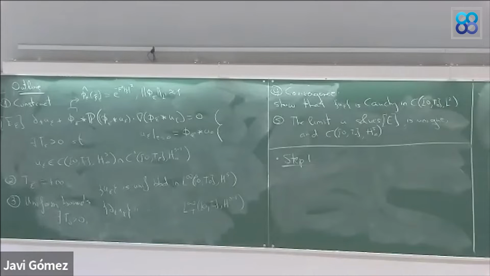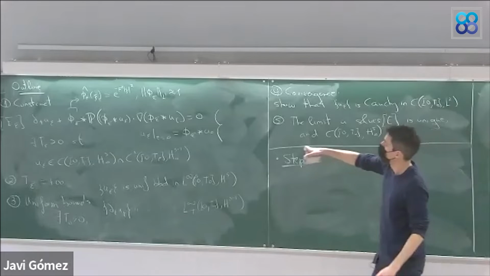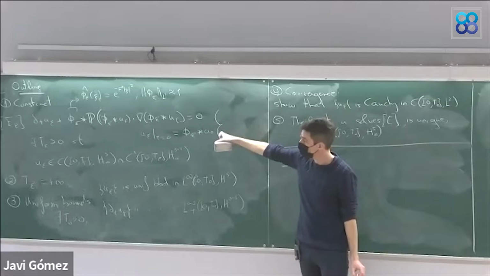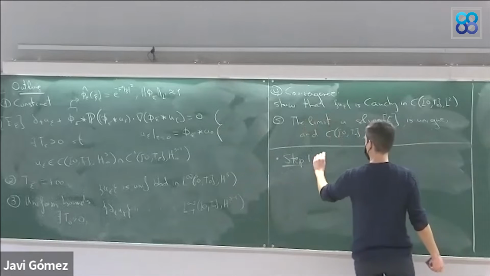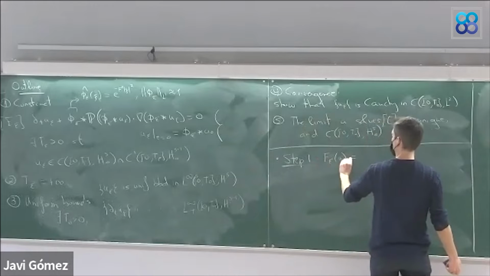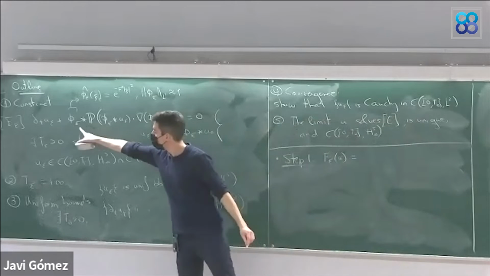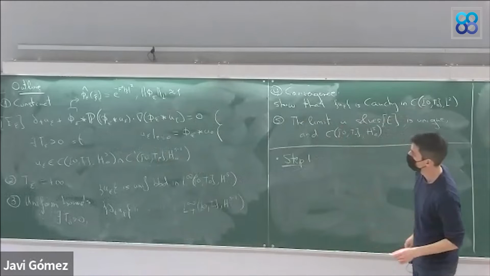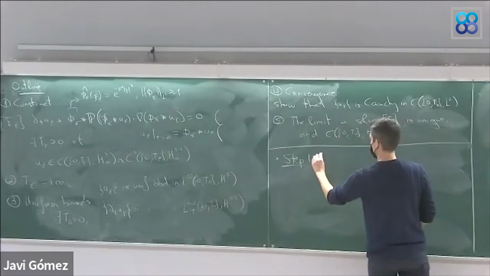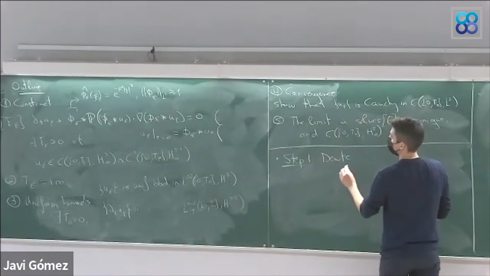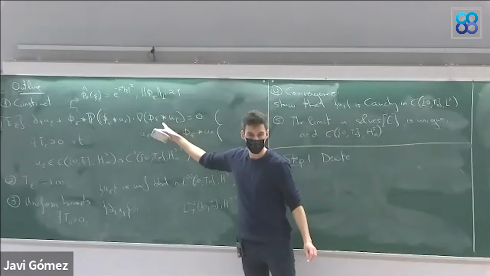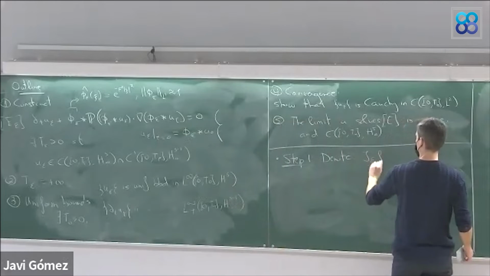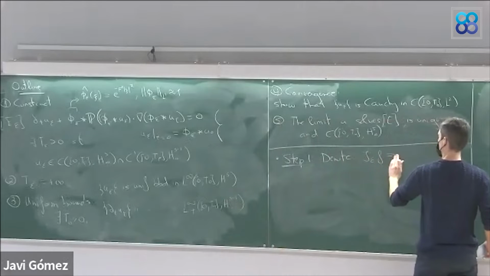So for step one, I more or less already mentioned that we want to apply some fixed point argument to this regularized system. So I will define this function equal to all this here. Well, let me introduce notation. To avoid writing all the time the modifier like this, I'm going to write the modifier operation like this.